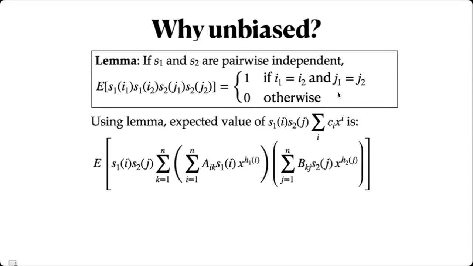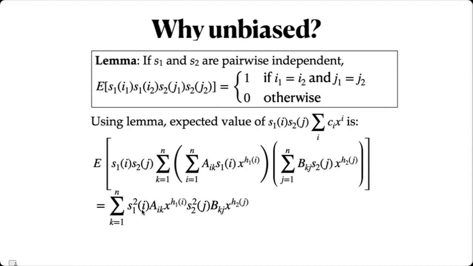So by definition, what we're looking for is the expectation of this expression. But basically everything is going to have expectation 0 except those terms where S1 of i matches S1 of i in here, and S2 of j matches S2 of j in there. So we basically get only those terms.